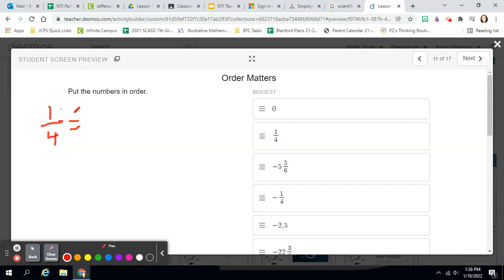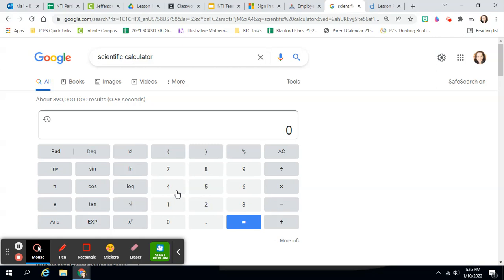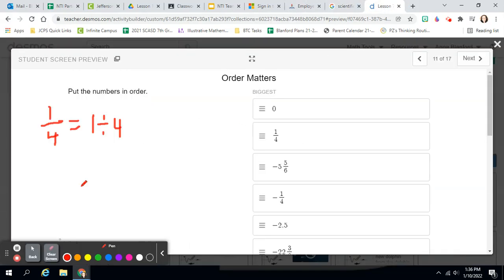I'm going to take my numerator, the 1, and divide it by 4, the denominator. So I would take 1 divided by 4. And when I do that, I get 0.25. So that is my decimal for 1/4.